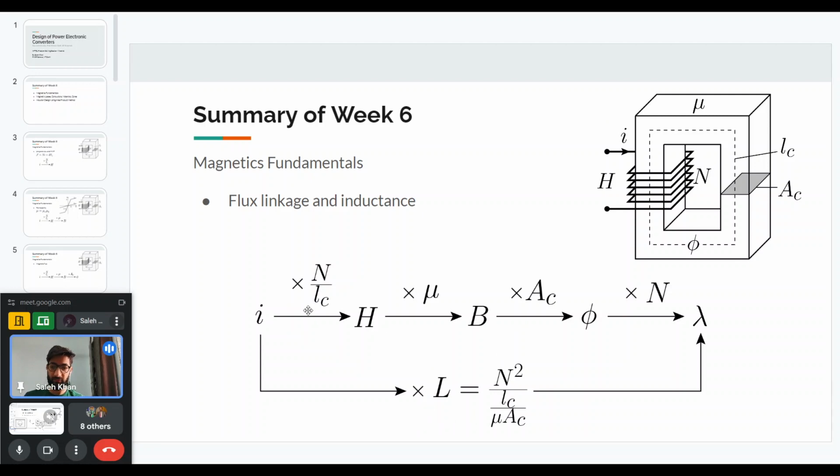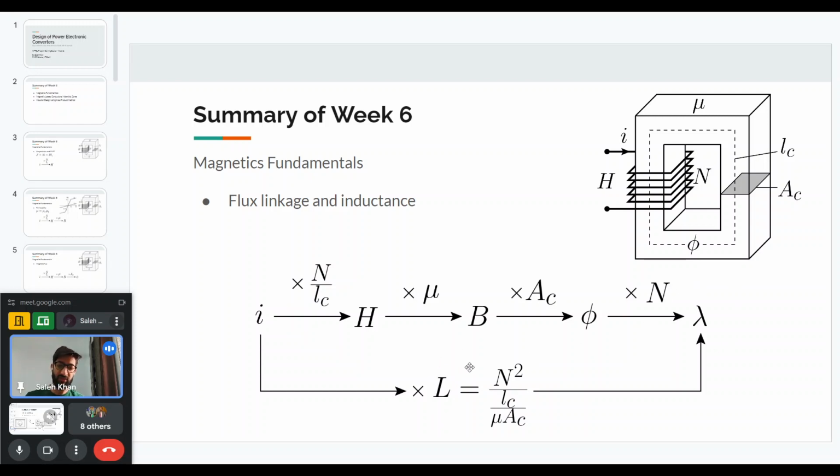If you multiply all these terms, it will be given by n squared divided by the magnetic path length divided by mu times the cross-sectional area of the core. And this denominator is actually a quantity called the reluctance of this magnetic circuit. So by multiplying the current with this inductance value, we can find the flux linkage.